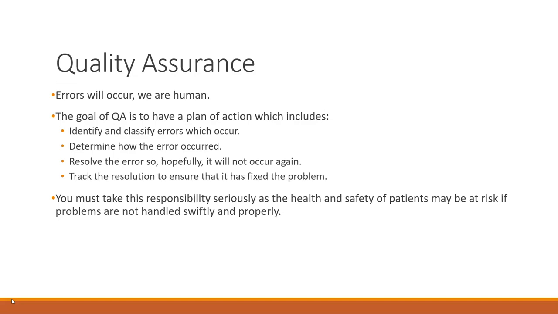For example, that employee who reported out results on a sample when the QC did not come in, we need to mentor and counsel her as to why she did a bad thing so it won't happen again. And then track the resolution to ensure that it has fixed the problem.